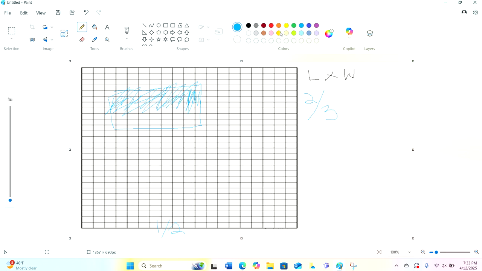So if the red and black or blue overlap, what would that represent? And just kind of have them answer that on their own and expand on it if necessary.